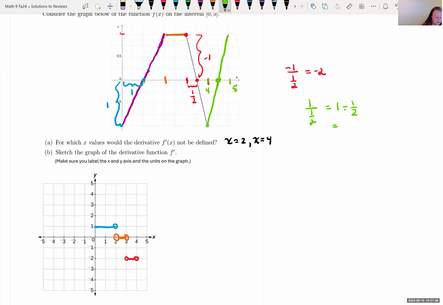If you didn't see it, see how I got the other piece. Dividing with fractions, you take the first number times the reciprocal of the other. So this was 2. So I know that the slope everywhere from x equals 4 to 5 is 2. So this is what the graph of my derivative function would look like given the function above.